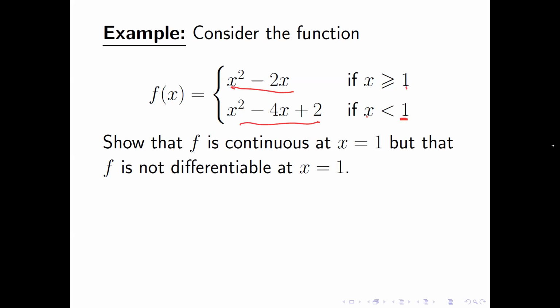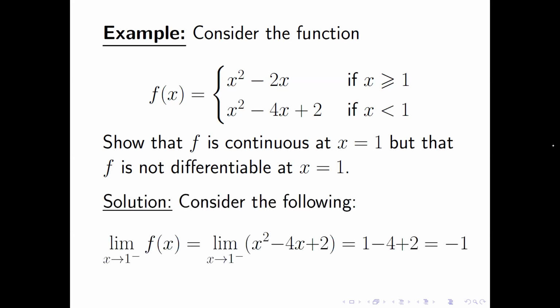But in this case, this function is not differentiable. So let's check why we are saying the function is not differentiable. In the previous section, we learned about continuity, how to check if the function is continuous. And here I'm going to check if this function is truly continuous.